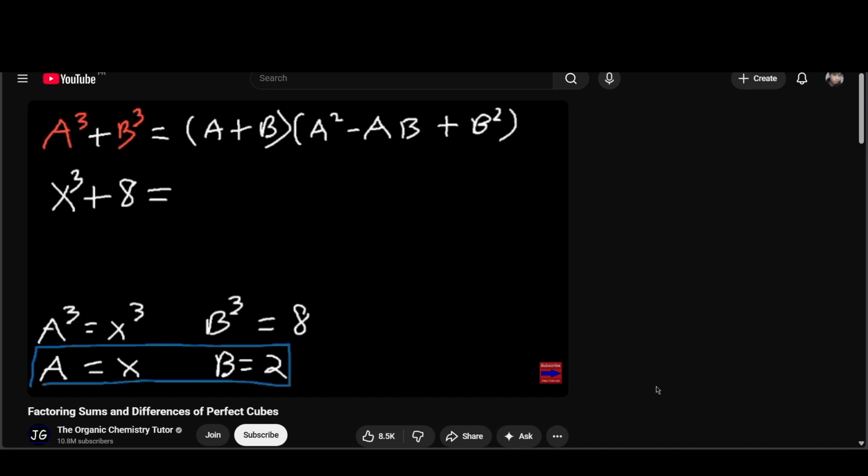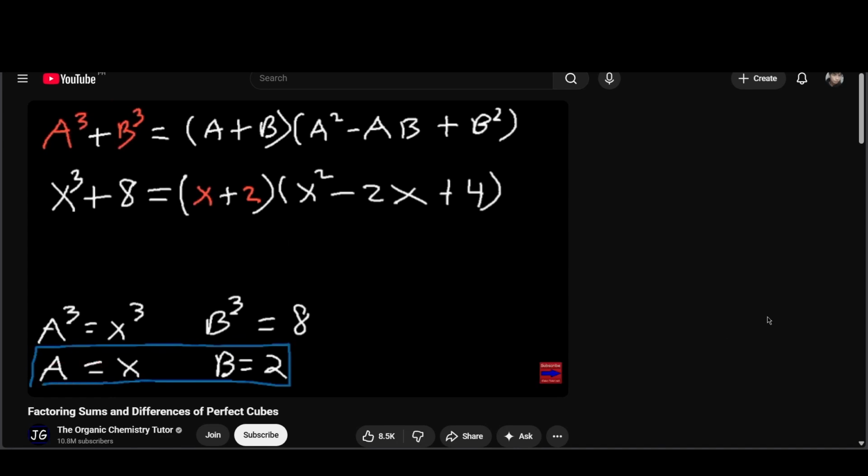So a plus b is going to be x plus 2. A squared is x squared. A times b, or x times 2, is 2x. And b squared is 2 squared, 2 times 2 is 4. Okay, so that's how you can factor.